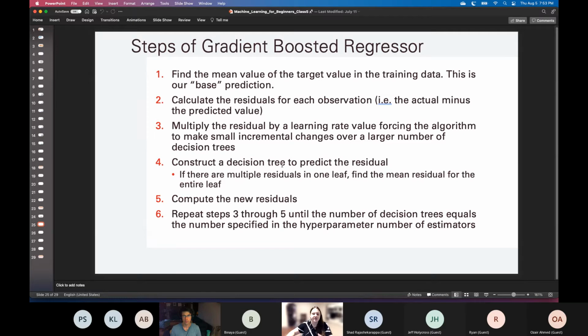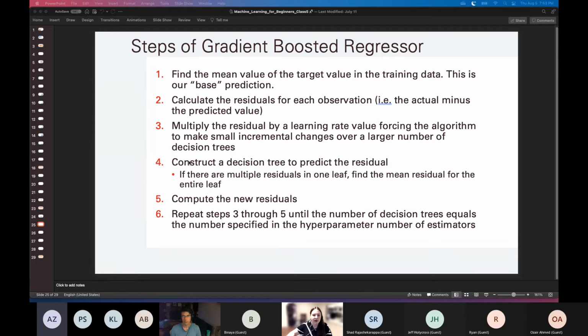It constructs a decision tree to predict the residual. And then if there are multiple residuals in one leaf, it finds the mean residual for the entire leaf, as we discussed. It then computes new residuals, actuals minus predicted, and then goes on to the next.